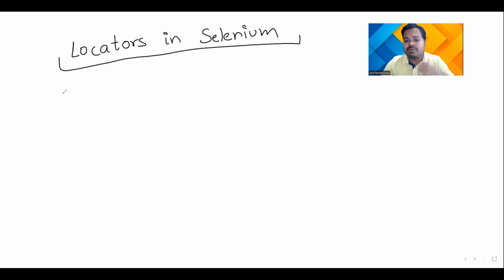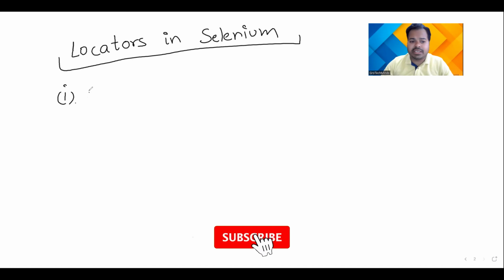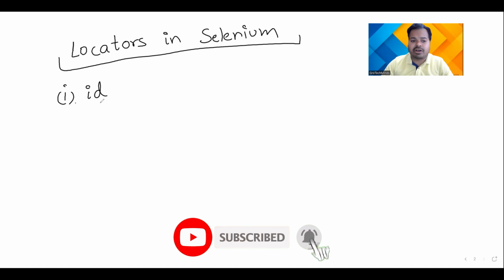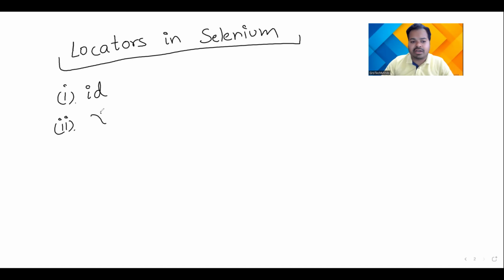So guys, that's why we are now studying the different locators that we have in Selenium. It's important, a very famously asked interview question. Try to make a note of it. In locators, the first type of locator we have is called ID locator. The second type is called XPath. The third type is called CSS selector.